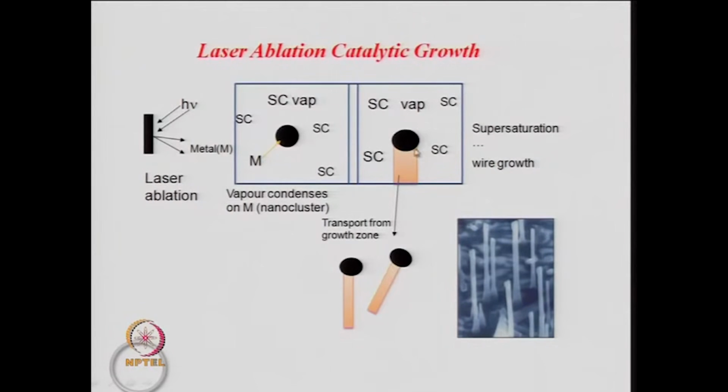growth. And you can move these nanowires away from the growth zone, and if you deposit them on a substrate, this is a SEM picture of these nanowires which have formed by the laser ablation catalytic growth mechanism.